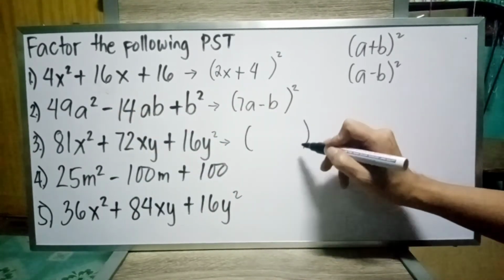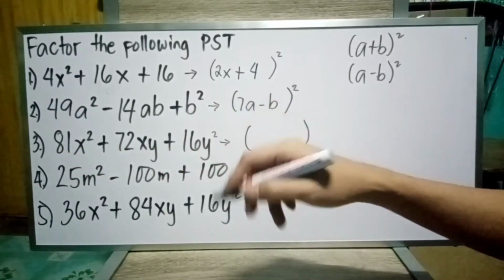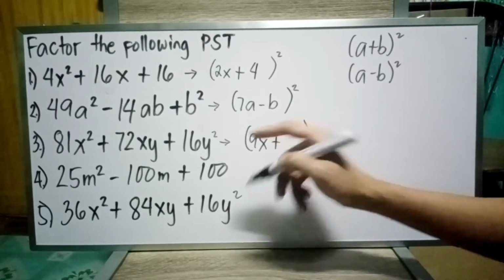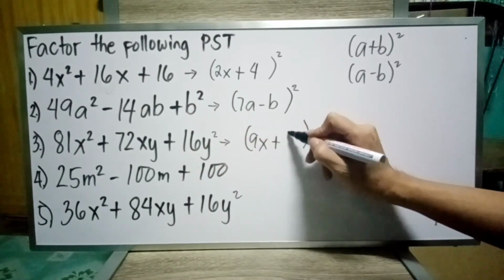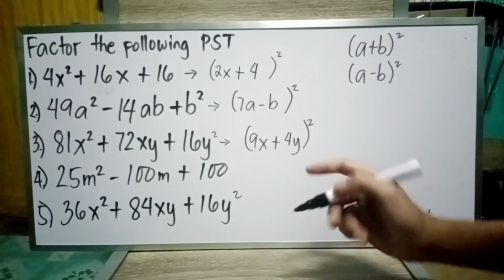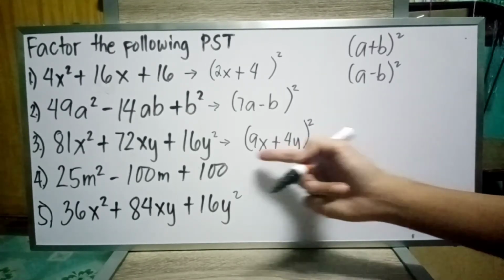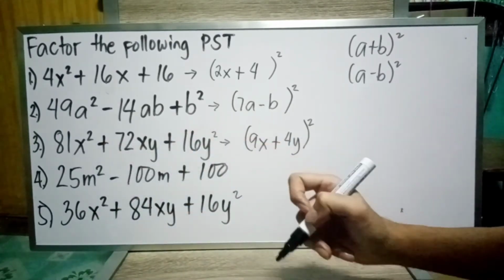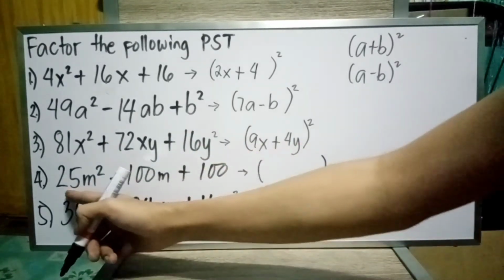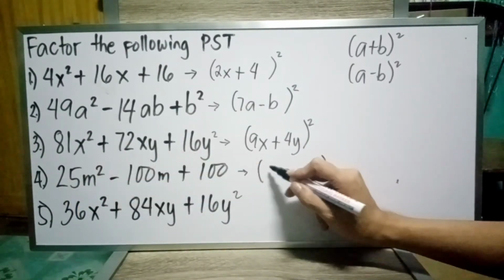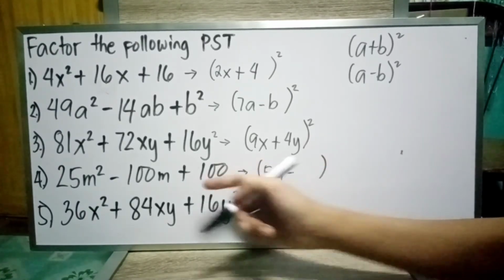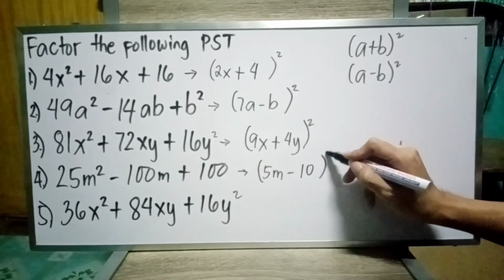Next, the square root of 81x squared, that is 9x, plus the square root of 16y squared, 4y, then squared. I use positive here because the middle term is positive. Next, the square root of 25m squared, that is 5m, minus the square root of 100, that is 10, squared.